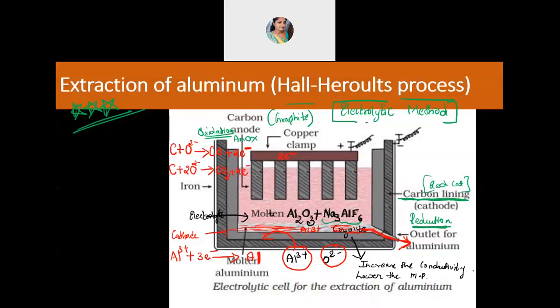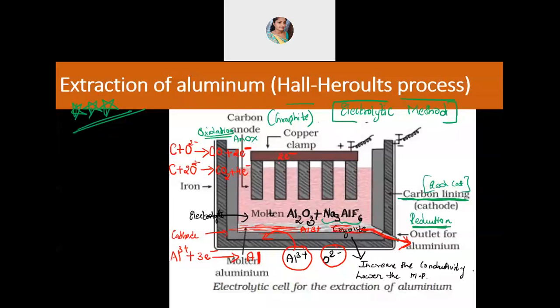So these reactions you should know to write at the cathode and at the anode. Did you understand this reaction? What is happening and why it is happening over there? Understood, no? So as the reaction continues, you will see that your rods are there, no?